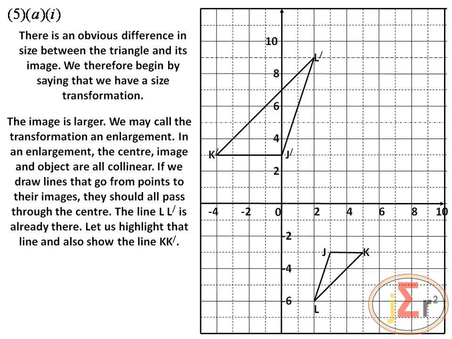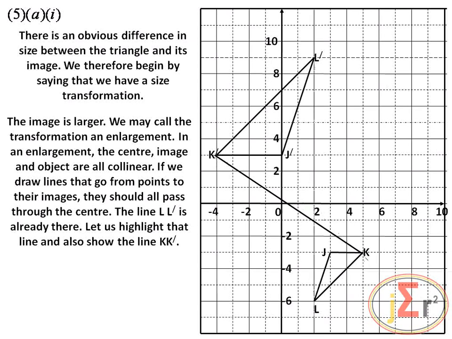Alright. Now, in finding the center, we know that in every single case, the line that goes from the point to its image will pass through the center of enlargement. Therefore, this line that we have right here passes through the center of enlargement. It goes from L to L prime. The one that goes from K prime to K also passes through the center.